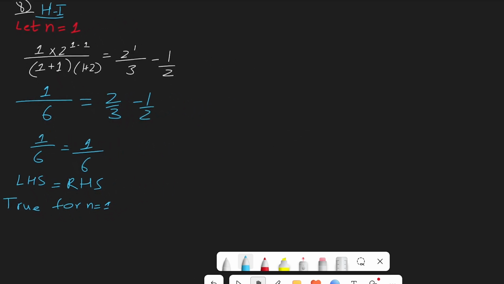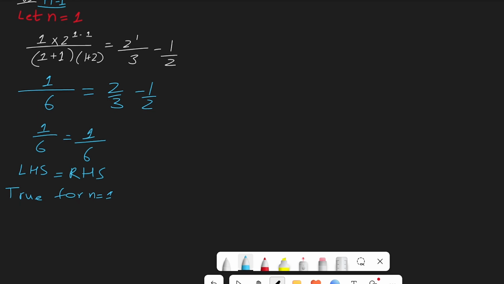Now let's try it for the second hypothesis. What is our second hypothesis? Our second hypothesis is H2. Wow, great. Our second hypothesis is basically we need to let it be true for n equals k. That means that it is true from r equals 1 till n, and n is a number k.